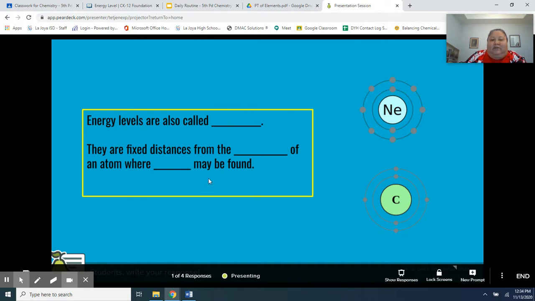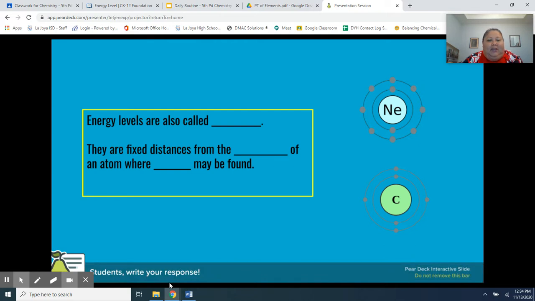Okay, so can we at least figure out 2 out of the 3? 1 out of the 3? Or can you figure out all 3 blanks? 1 person has responded. What about the rest of you guys? If you are not in Pear Deck, you should be telling me what you think goes in these blanks. And it doesn't matter if it's wrong.